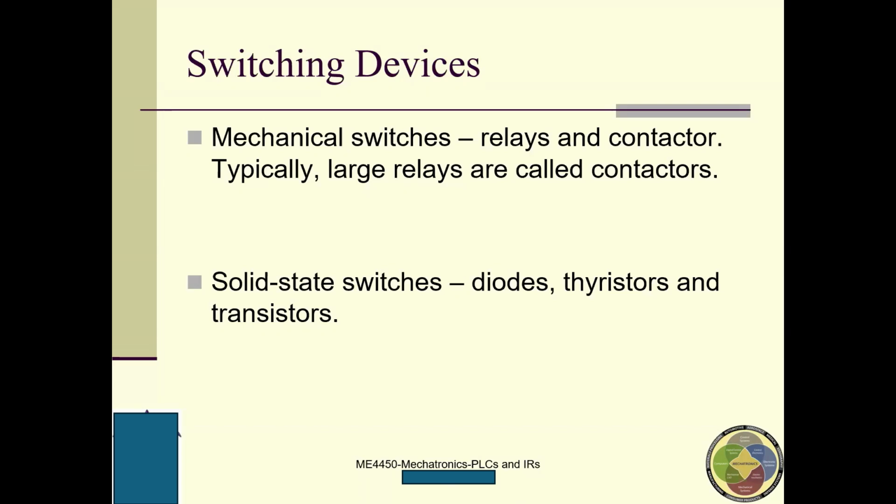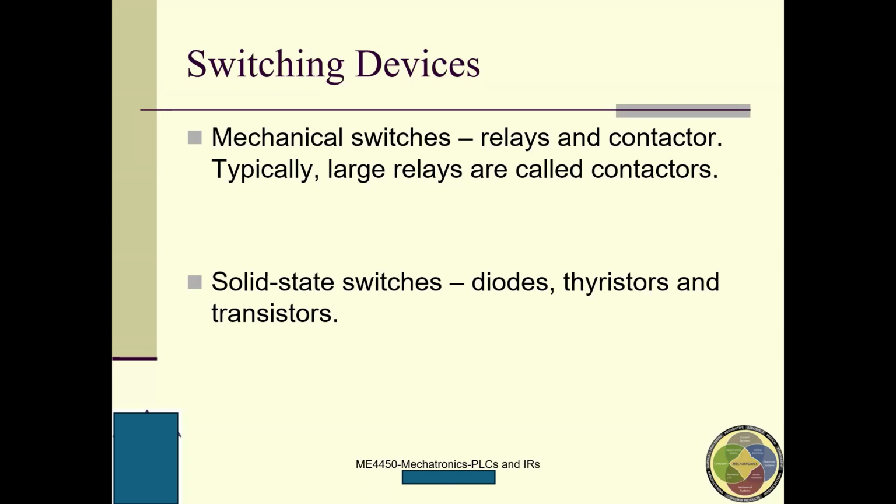And then we talk about the solid state switches: the diodes, thyristors, and the transistors. Have you guys ever heard of diodes? We will talk about diodes and thyristors and transistors in detail in the following class. But today I want to tell you some basic things. Diodes means that this is a very basic electronic device.